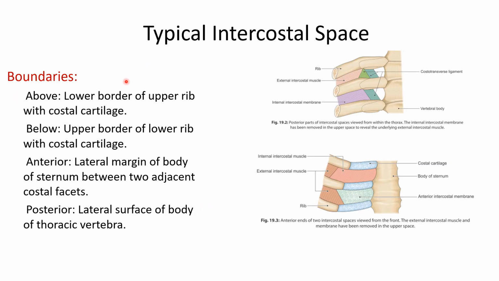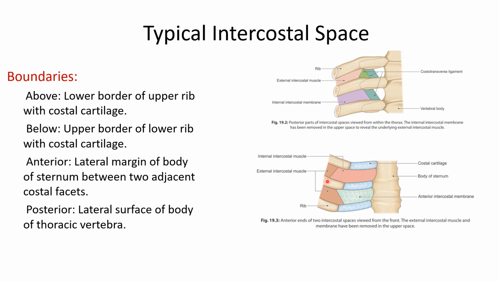Boundaries of a typical intercostal space. A typical intercostal space is bounded above by the lower border of the upper rib with costal cartilage. This is the anterior rib you are seeing towards the sternum.